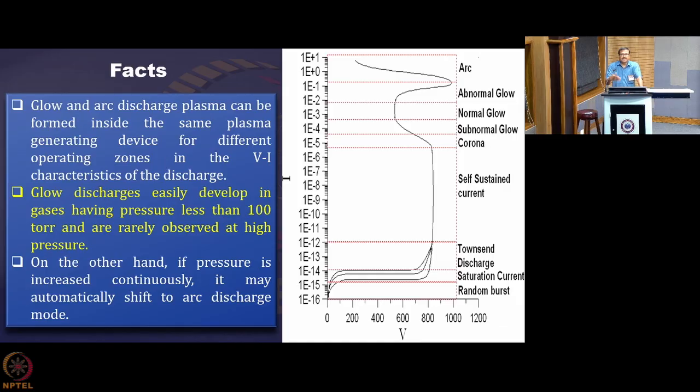But as you keep increasing the pressure in the same device, with the same discharge configuration, that glow gradually shifts to the arc discharge mode. So this is the arc discharge region, and lots of devices operate both in glow as well as in arc. Some devices operate in the corona modes as well.